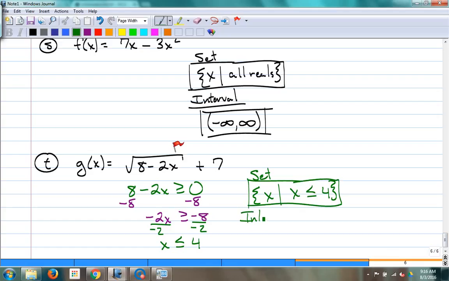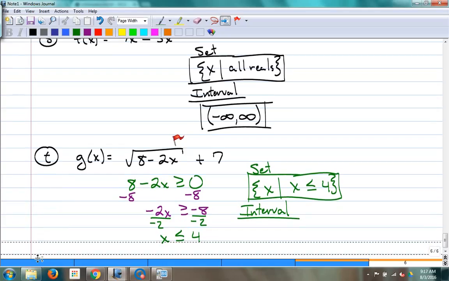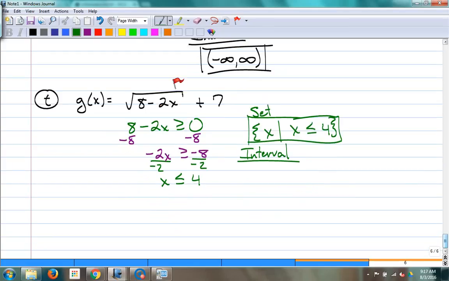Our interval notation. We're looking at all the numbers that are less than 4. Okay, so if you say negative infinity, I got to put a parenthesis there. 4 with a bracket.